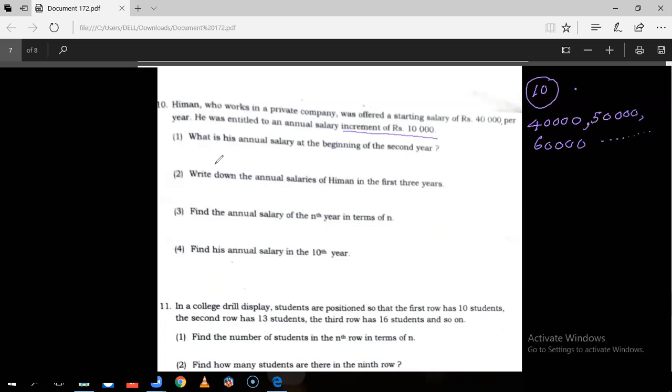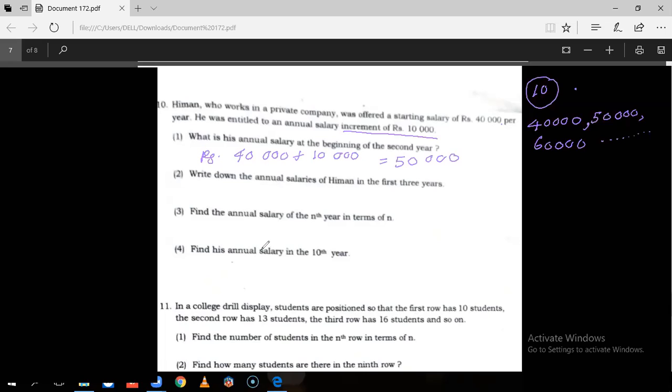They are asking for the annual salary at the beginning of the second year: 40,000 plus 10,000, that is 50,000 rupees.